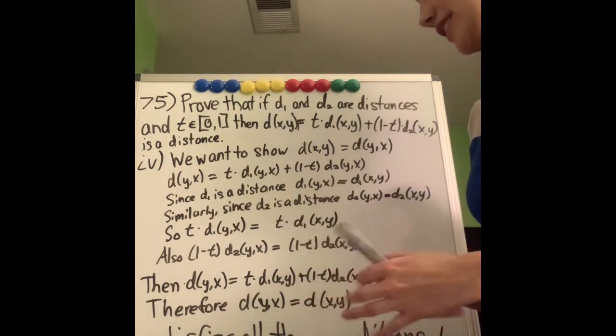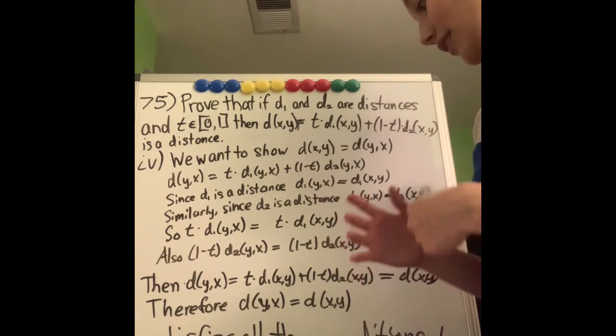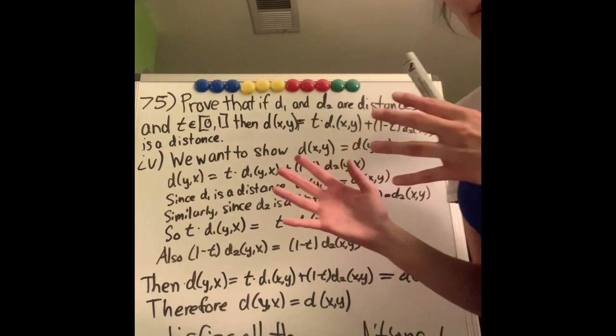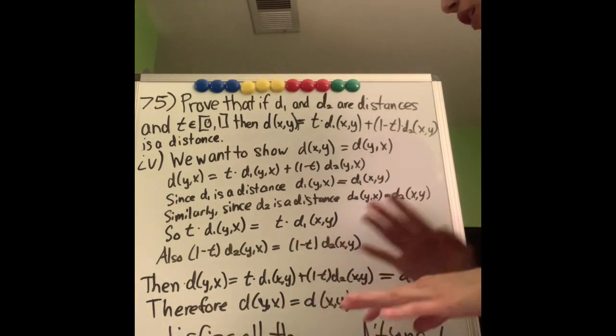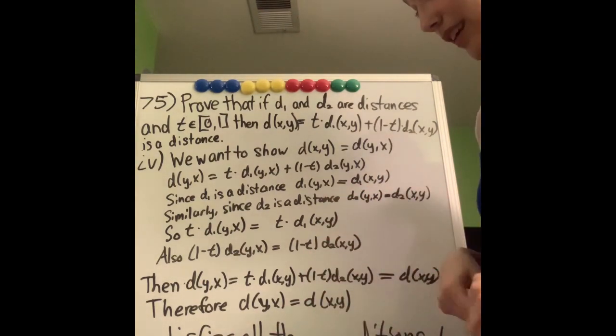So therefore, the distance from y to x is equal to the distance from x to y. So, this distance satisfies all of the conditions to be a distance, therefore d is a distance, and we're done.